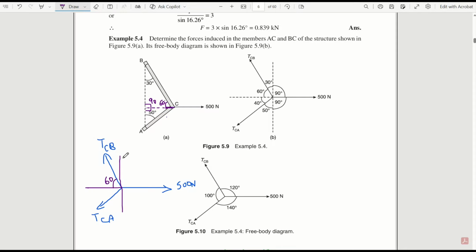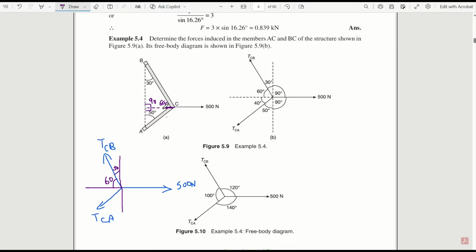If this is 60 degrees and this is a right angle, this will be 30. Come to this: if this is 50 and this is 90, then 50 plus 90 is 140, and 180 minus 140 is 40.